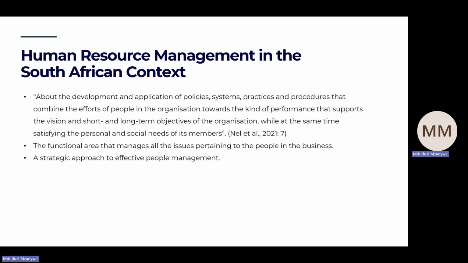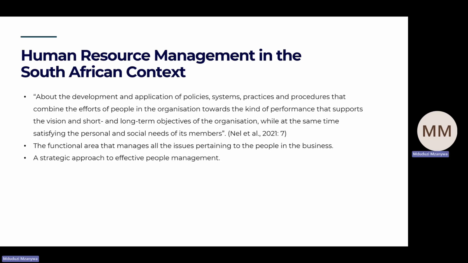But I think for me, the one that stands out was the one that says that HRM is about the development and application of policies, systems, practices, and procedures that combine the efforts of people in the organization towards the kind of performance that supports the vision and short and long-term objectives of the organization. And then it goes on to say, while at the same time satisfying the personal and social needs of its members.